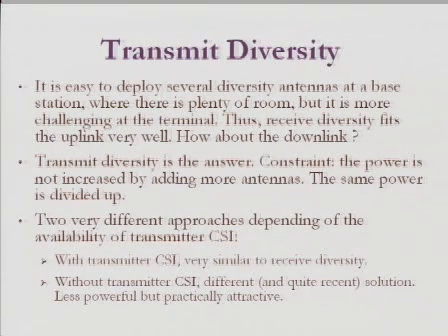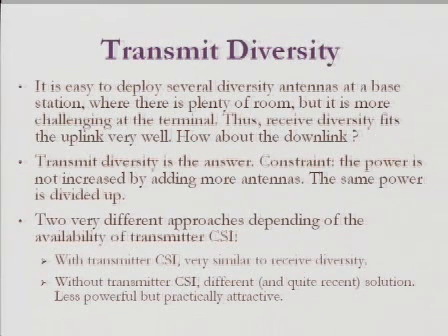Now, we have a constraint here, which is that even if we add more antennas, the power is going to be the same, right? The power that we have is determined by the battery. We have a battery with a certain amount of output power. And even if we add more antennas, the power is the same. So we have to share it between the antennas. Say we go from 1 to 2 antennas. Now each antenna can use half the power. And if I use 3, you have to divide it by 3 and so on.